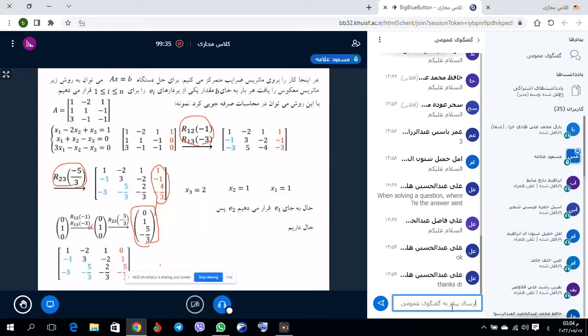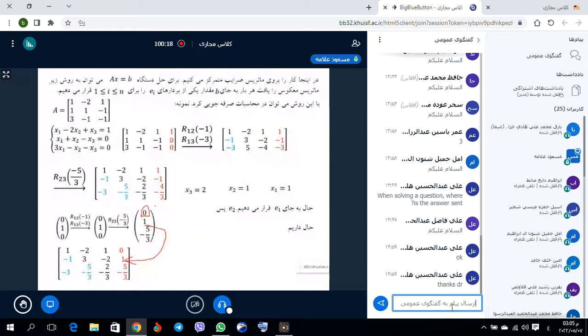We have 1 minus 2 1, 1 minus 2 1, 0. 1 minus 1 3 minus 2, substitute minus 1 by 1, minus 3 minus 5 divided by 3 minus 2 divided by 3.